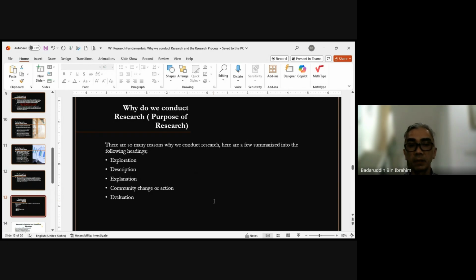And then some might want to do some action or make some changes or intervention. Some might want to evaluate the process and so on. So this is some of the examples of why we conduct research.